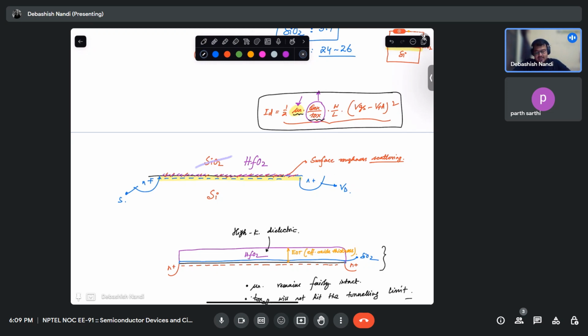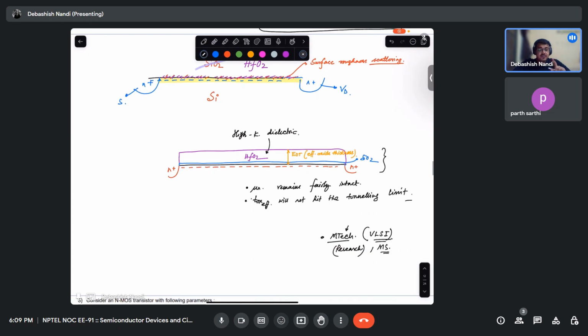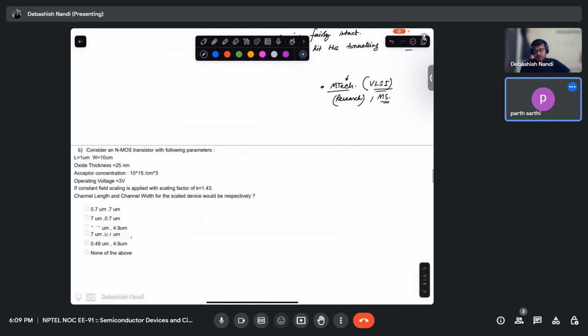To prevent that, this is one of the many mechanisms that high-K oxides you can use, but it has its other effects also, and that is also mitigated by other kinds of methodologies. So I can discuss some of them, but this is not the right place, okay. So let's move on.